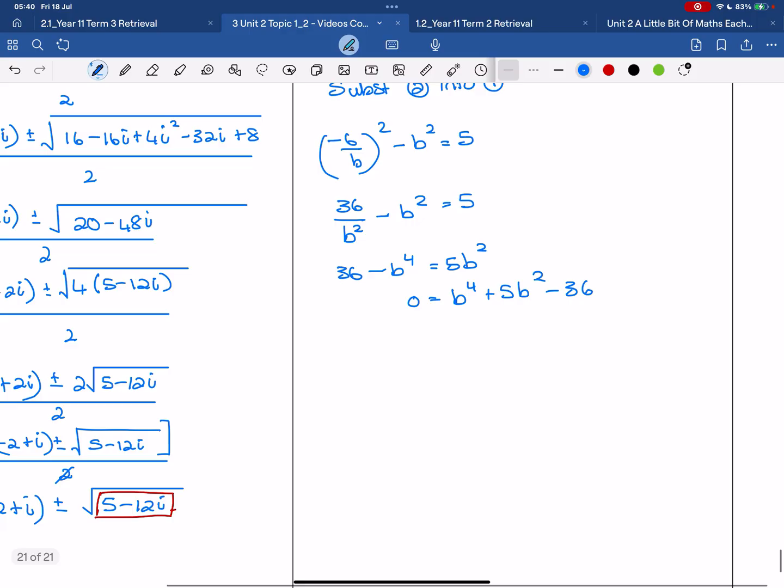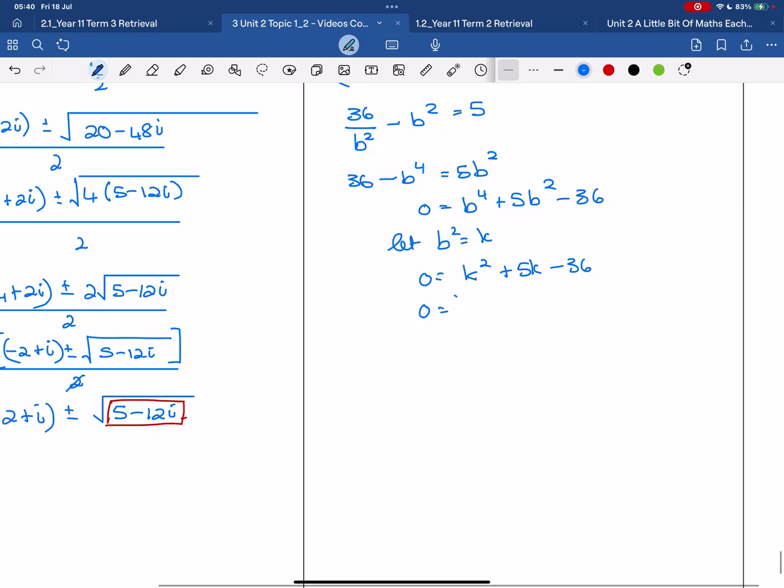And if you're not comfortable factorizing that, we can just let B squared equal K, and that gives me K squared plus 5K minus 36 equals 0. And 9 and 4 works. So it must be plus 9 minus 4.